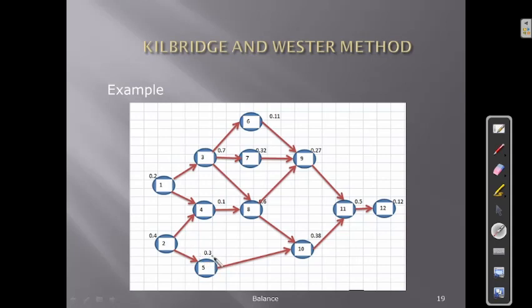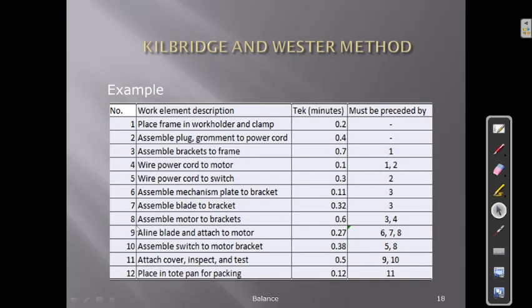Likewise, element 5 has predecessor 2, element 7 has 3, and element 8 has 3 and 4. We look this up in the table: work element 8 has 3 and 4. Likewise, we will do the precedence diagram.